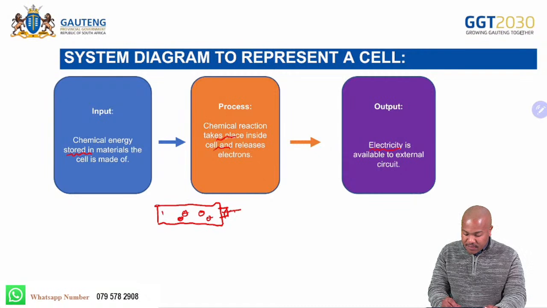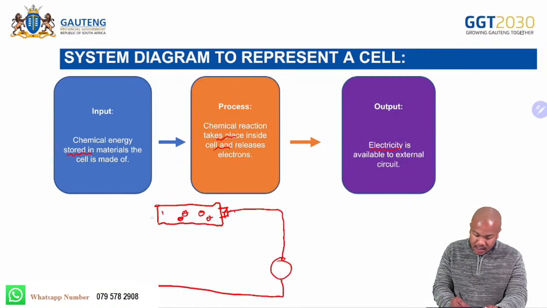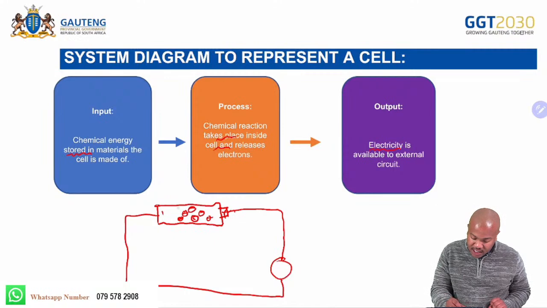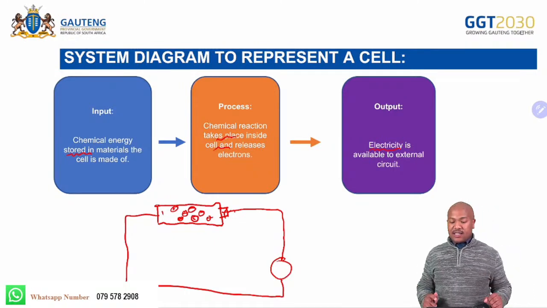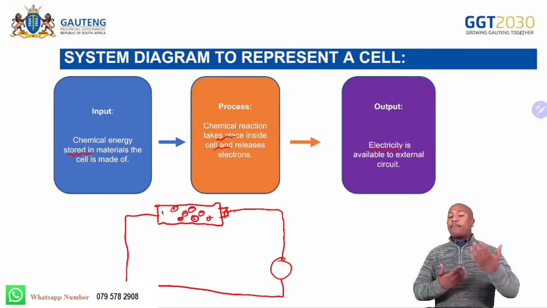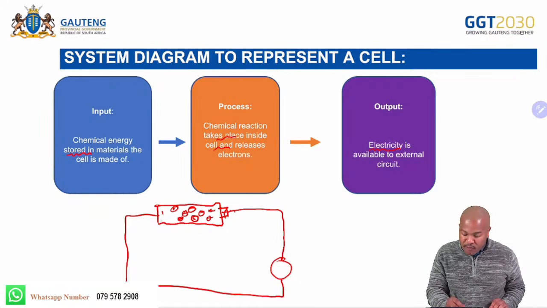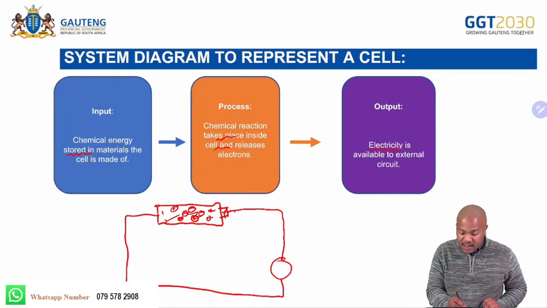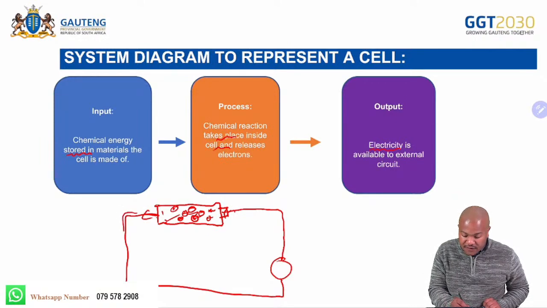So in a system like this, or in a circuit, you have what? A light bulb and this cell, right? You have this potential energy that is stored inside this cell. So what process are we talking about here now? The process of the movement of these electrons inside this cell. They start moving from the negative terminal to the positive terminal.